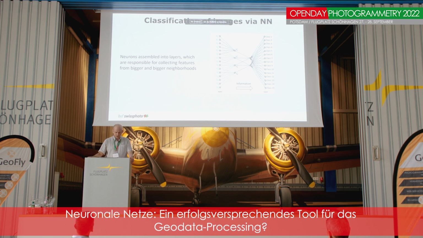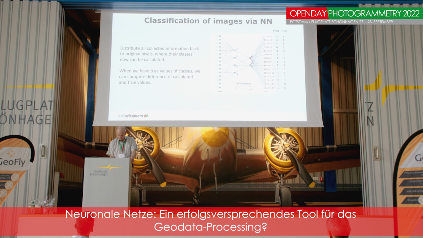So information comes through the network from left to right, and after collecting information from all those pixels, we distribute features back to every point where it's possible to calculate its value of class to make a prediction.